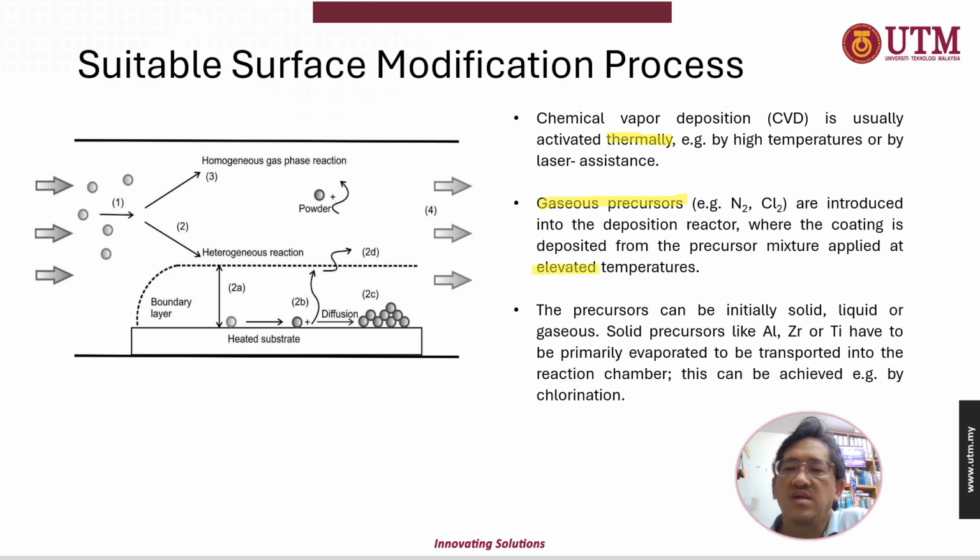The precursors can be initially solid, liquid, or gaseous. Solid precursors like aluminum, zirconium, or titanium have to be primarily evaporated to be transported into the reaction chamber. This can be achieved by chlorination.